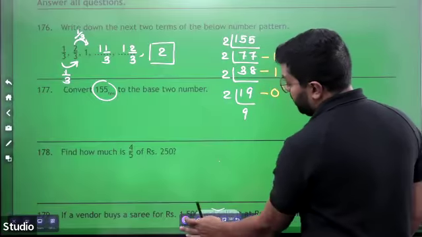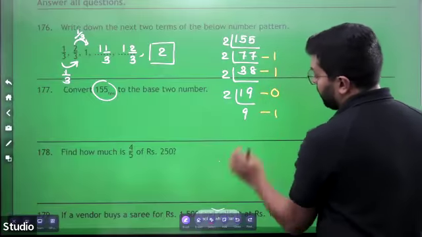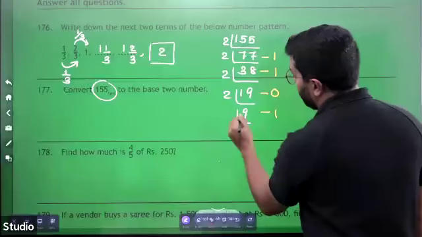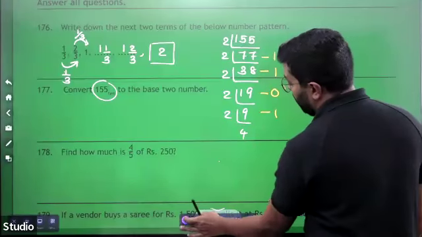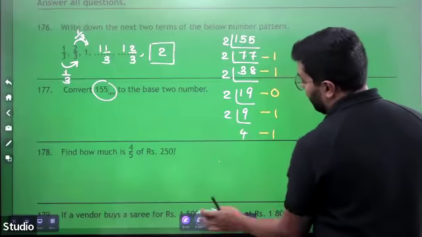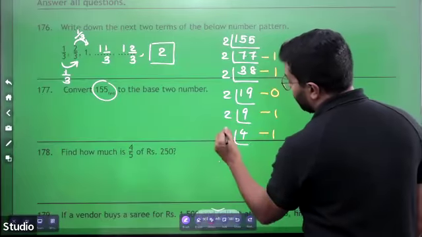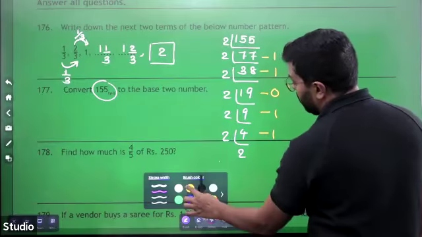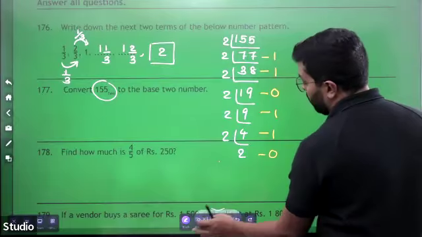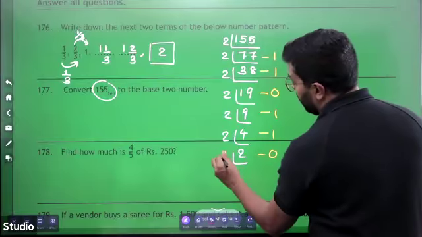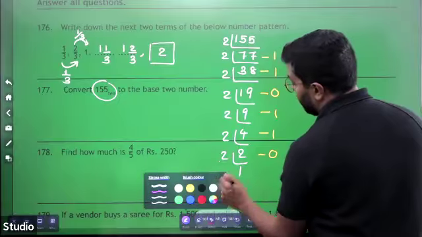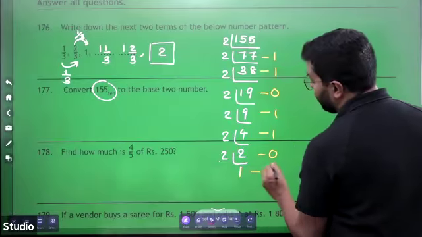Answer is 9. Remainder is 1. 9 divided by 2. Answer is 4. Remainder is 1. 4 divided by 2. Answer is 2. Remainder is 0. 2 divided by 2. Answer is 1. Right? Remainder is 0.